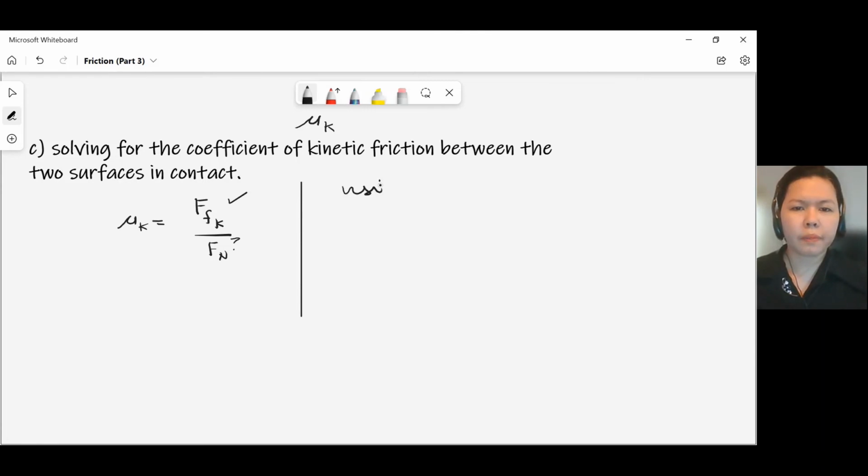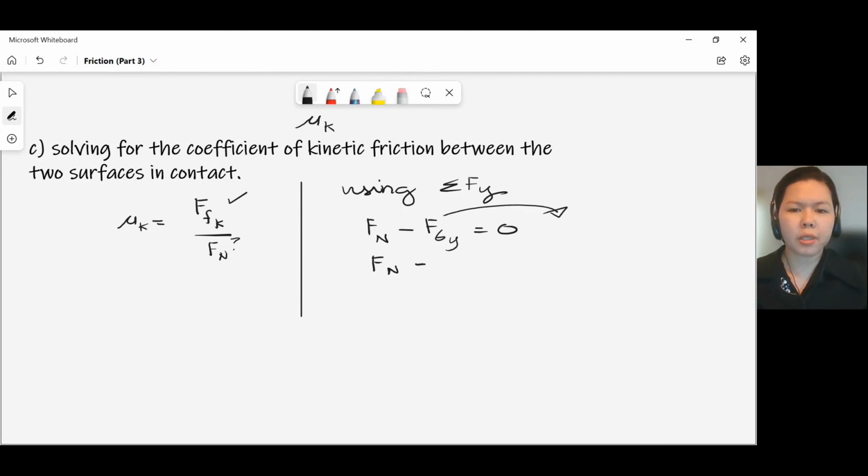Using summation of Fy, Fn minus Fgy equals 0. So Fn, this goes to the right, equals Fgy.